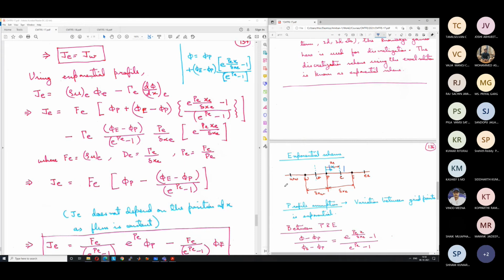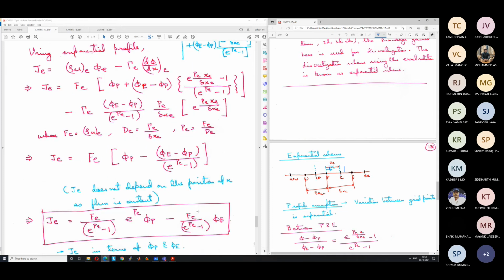The flux is just dependent on the grid point values, the velocities, obviously, and the Peclet number. It does not depend on the location. The flux has to be constant, obviously, because it is a 1D problem, but that is what we have found. So J is equal to Fe phi p minus (phi minus phi p) by (e to the power p minus 1).